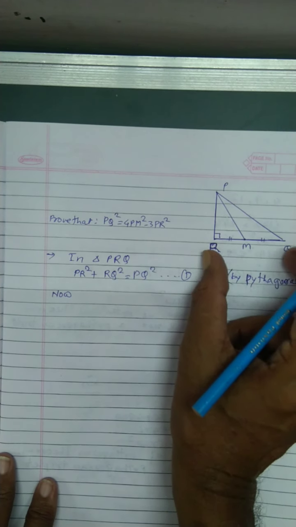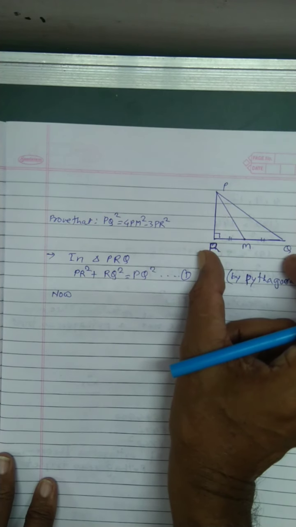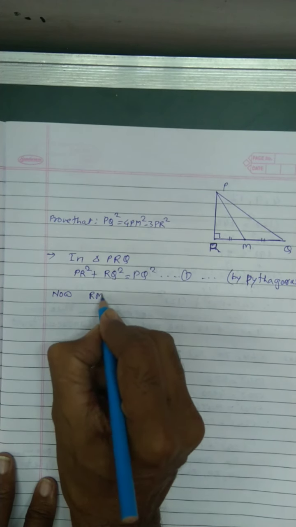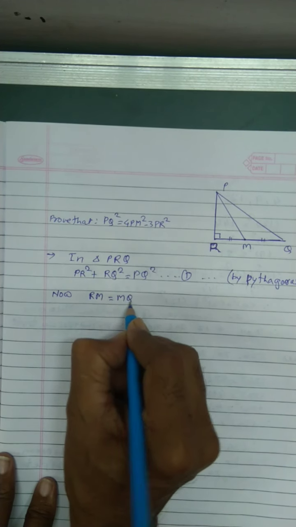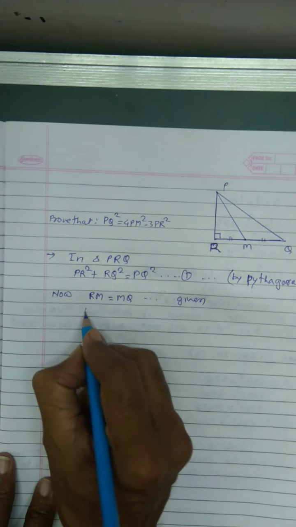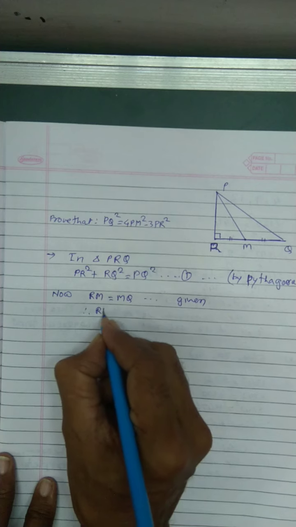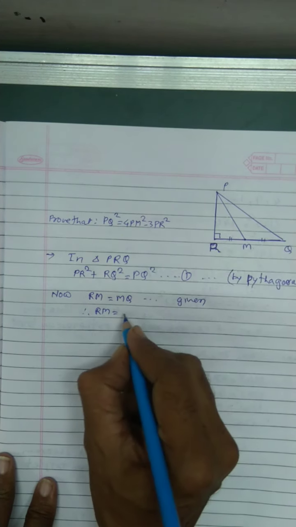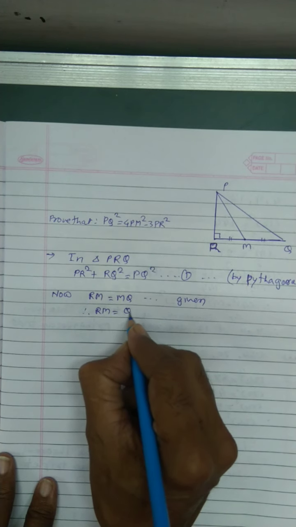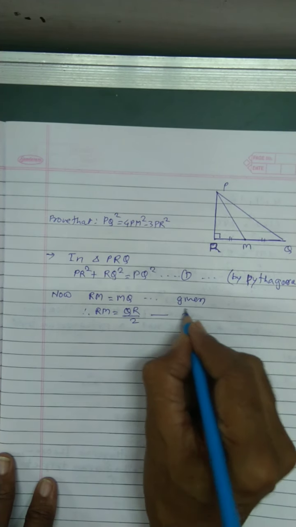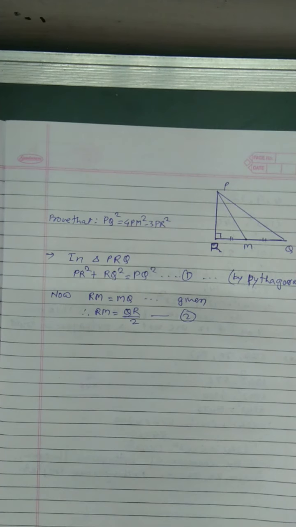Here one thing is given. M is the midpoint of RQ. That means RM is equal to MQ is given, and hence RM is equal to half of QR upon 2. This is equation number 2. RM is equal to QR upon 2.